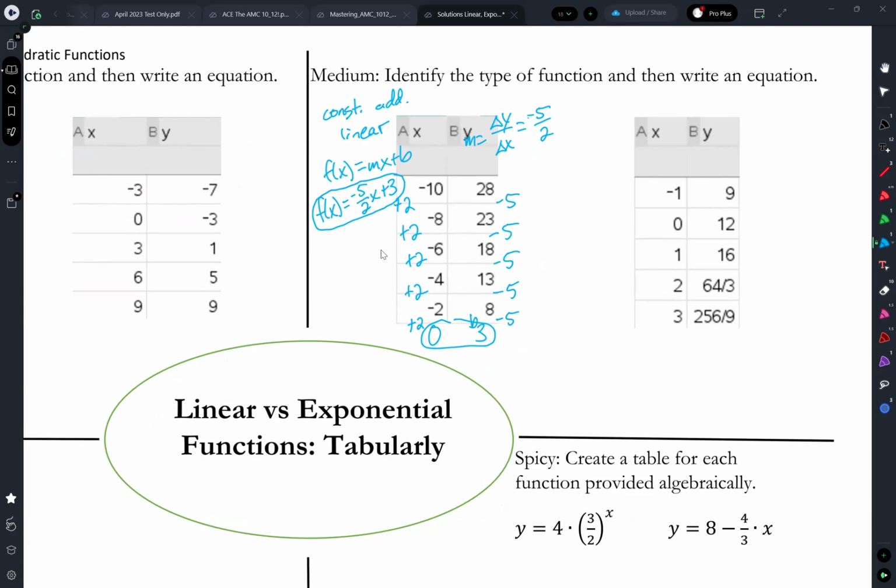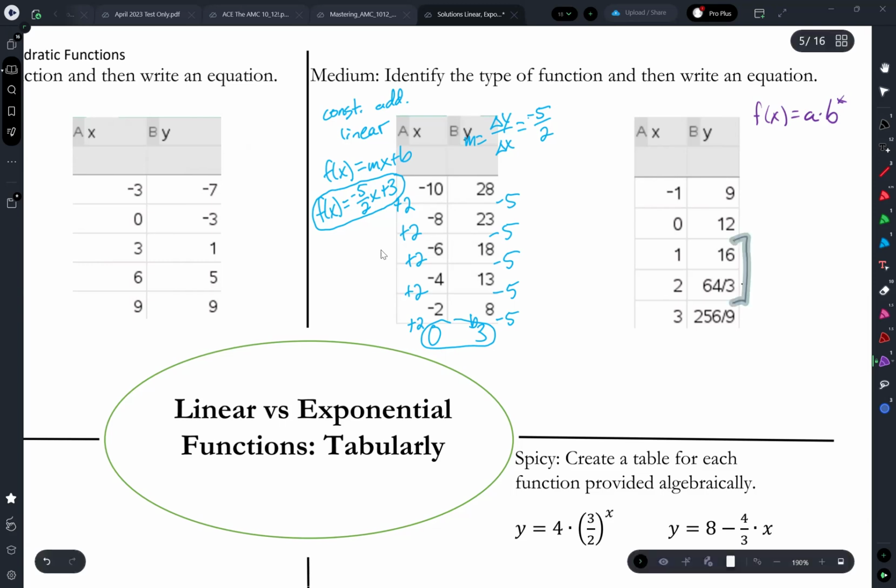Now with this exponential, I got a times b to the x. Now, technically, I need to find that constant factor, but again, these values down here are really indicating it's probably an exponential, but I don't know the factor yet. So times f, multiplying by that constant factor.